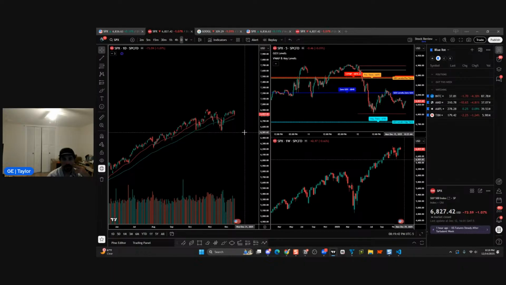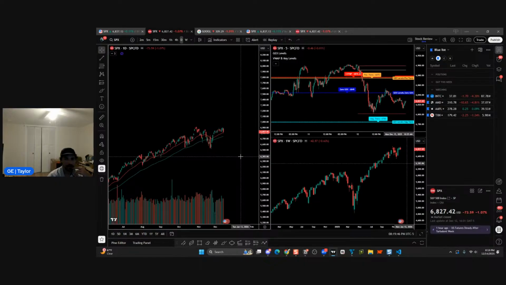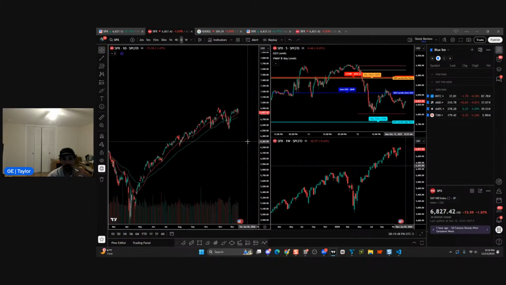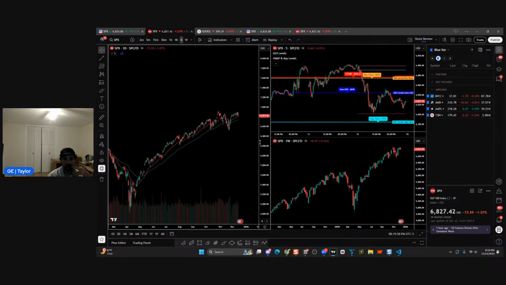A lot of market participants talk about the 21 and 50 moving averages. So it makes sense to understand where price is trading in relation to those. Even if you don't believe in that stuff, visually it's pretty clear that when price is above the 50, the green line, it tends to move higher.